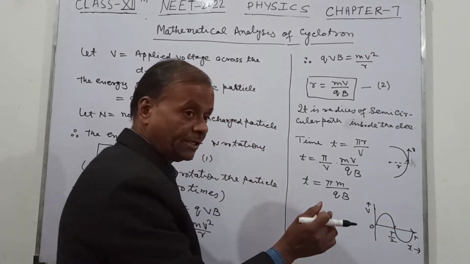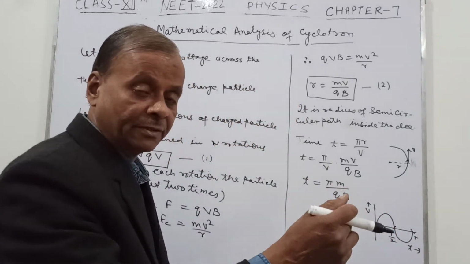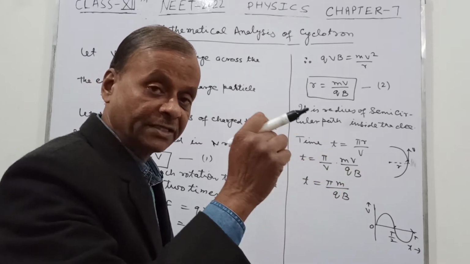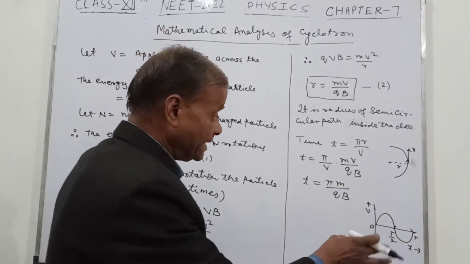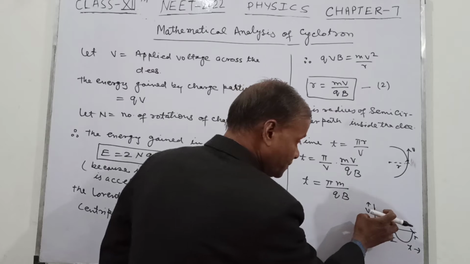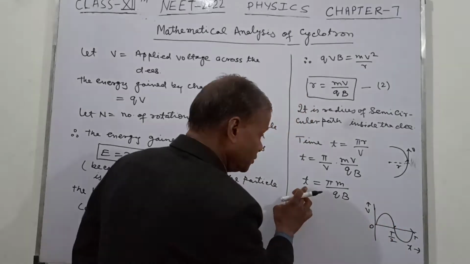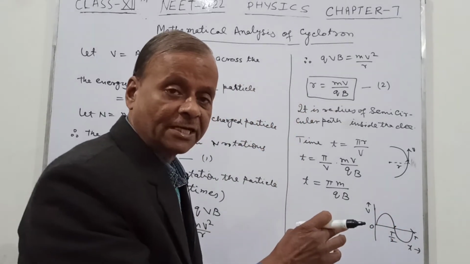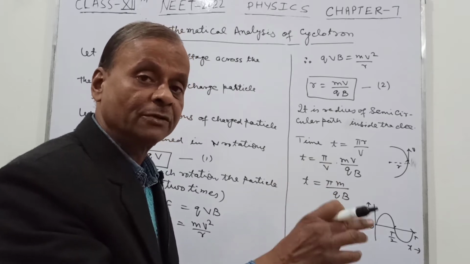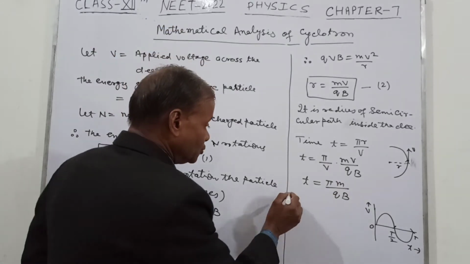The D which was positive will become negative, and the D which was negative will become positive. In that case, this time will be equal to the time taken by the charged particle to move in the semicircular path.